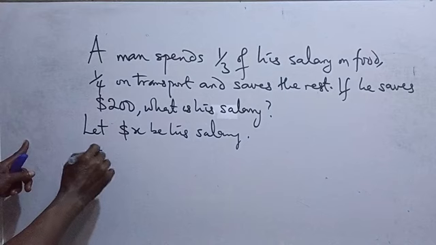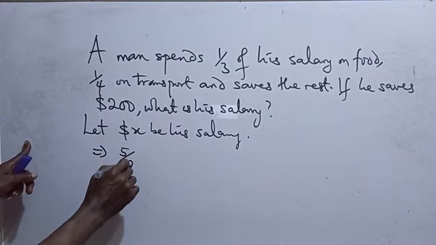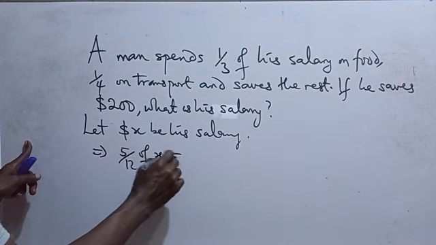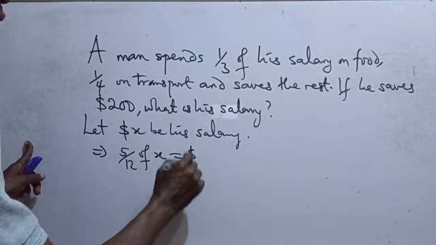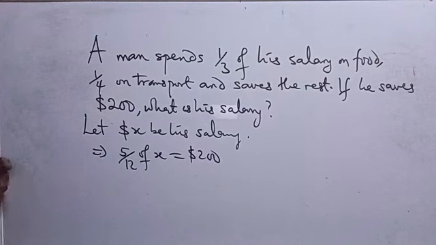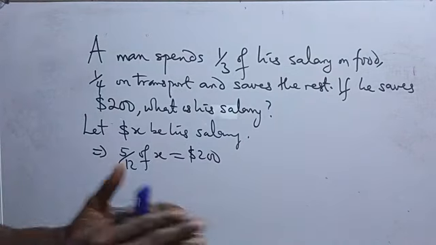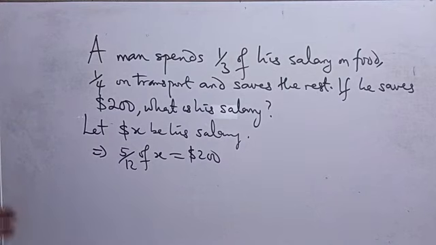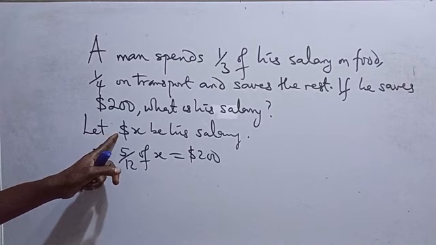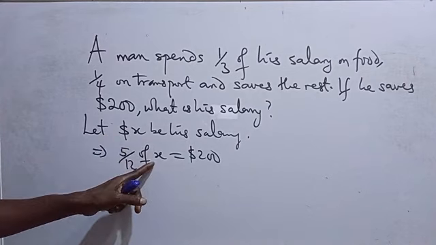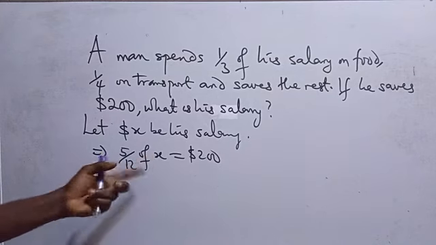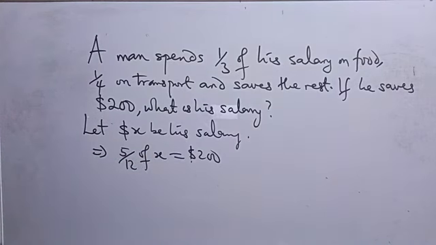So that implies 5 all over 12 of X is equal to $200. That's the meaning, because we are told that he saves the rest, and the fraction of what he saved is 5/12 of his salary, and we have assumed that the salary will be represented by X dollars. Invariably I will even remove the $200 sign to make my calculation easy.